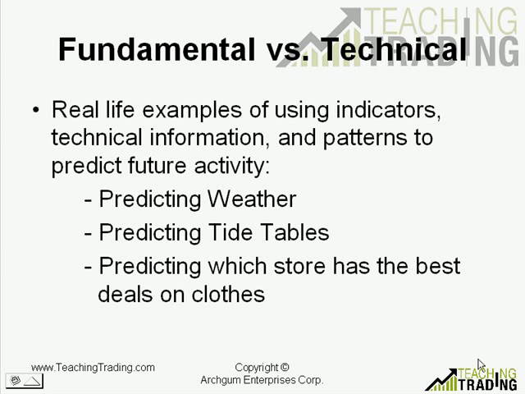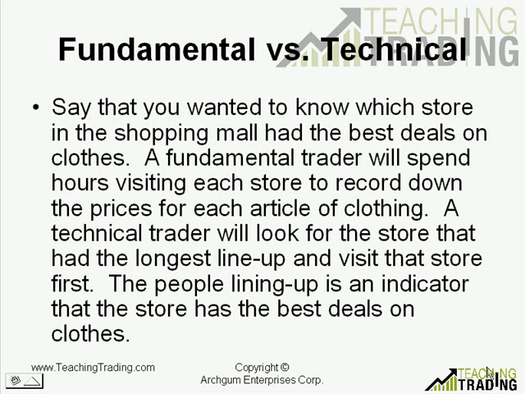Another example of where we can use indicators to predict future activity is that we can predict which store has the best deals on clothes. So let me give you an example. Say that you wanted to know which store in the shopping mall had the best deals on clothes.